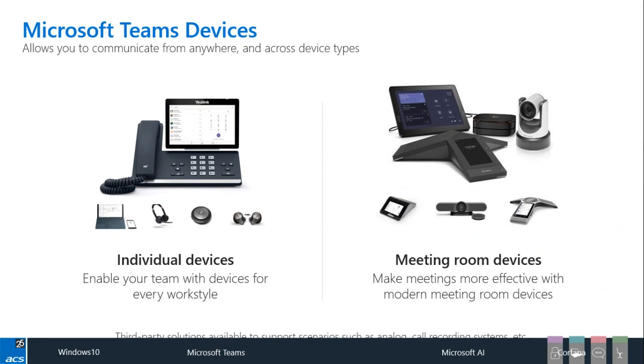Microsoft offers certified devices with high quality video and audio, enterprise grade security, and also setup and management. To browse all the Teams certified devices, simply search in your preferred search engine to explore these devices.